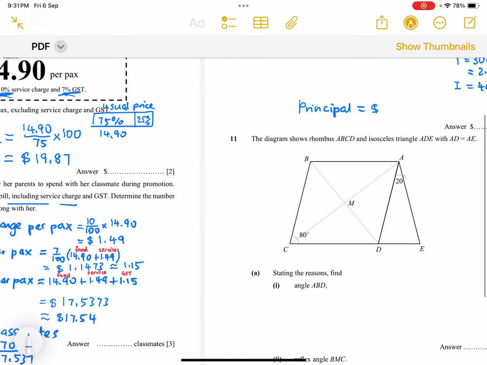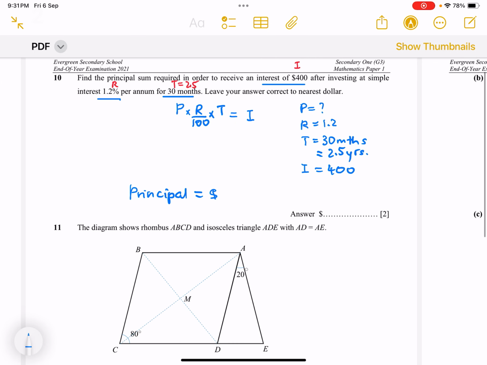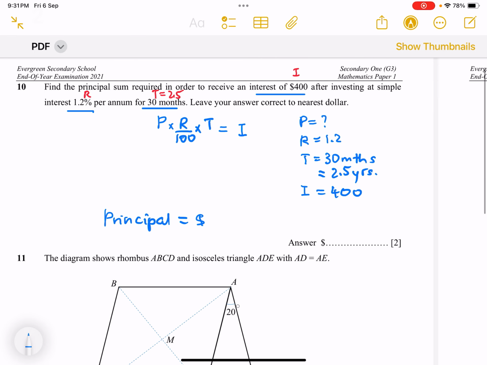Right, now next we have a sum that is on interest, and this type of sum, there is a formula, PRT over 100. Right, so what we need to do for this kind of sum is to identify what is given to us.